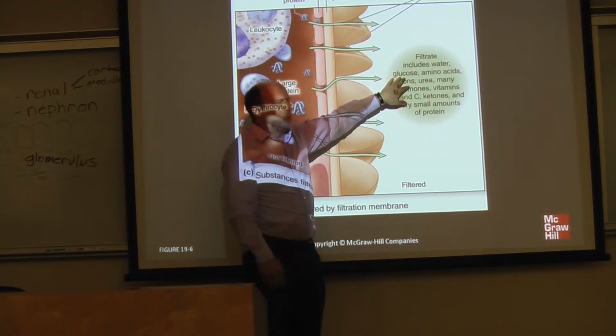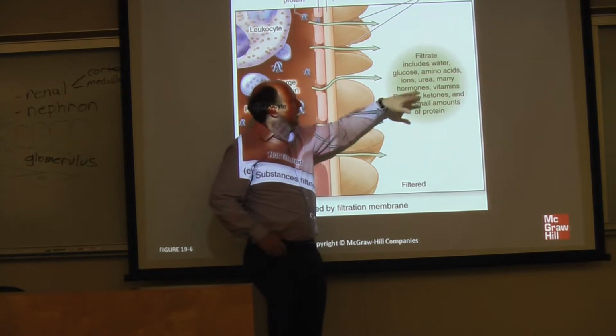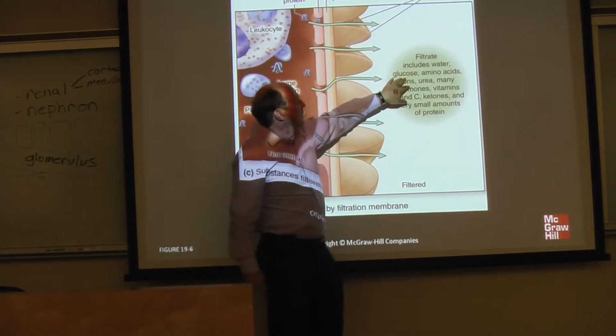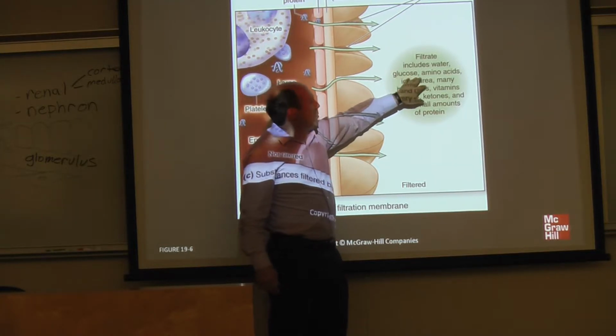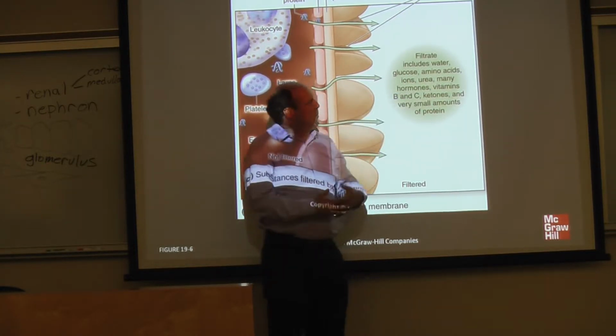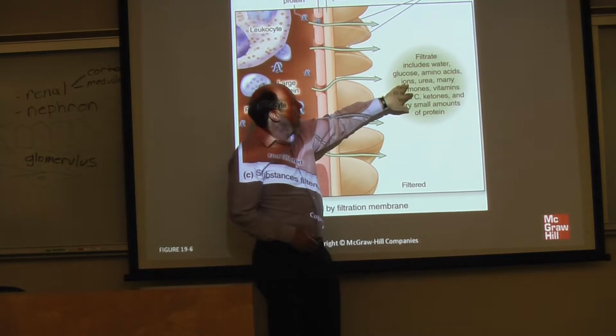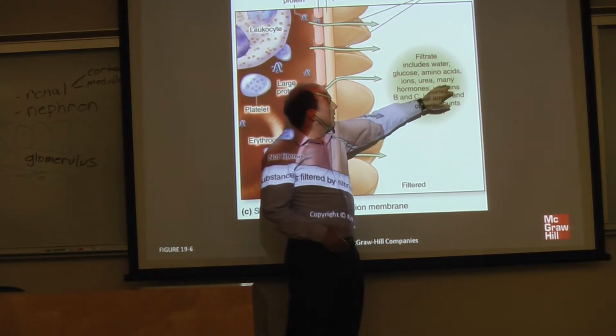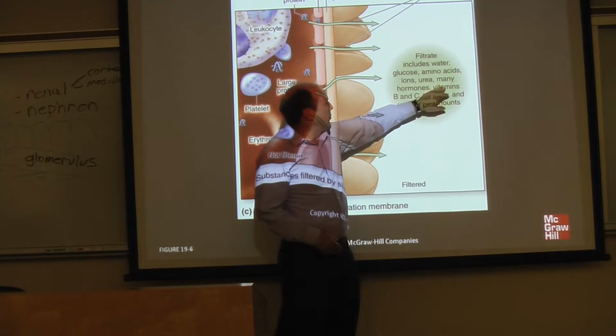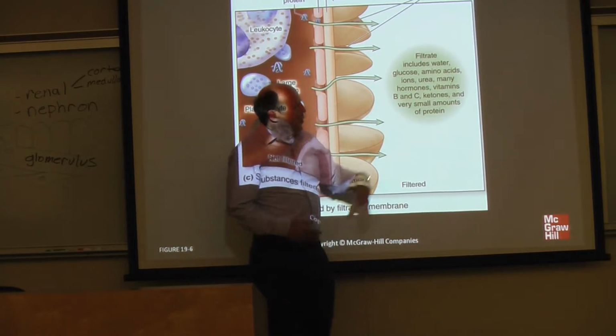Well, sugar. And why we talk about glucose, it's a simple sugar, a common sugar that's used quite a bit. So glucose and amino acids are the building blocks of proteins. Ions are the electrolytes. Urea is a waste product that we're often trying to get rid of at a fast rate. Many hormones are going to be in there.